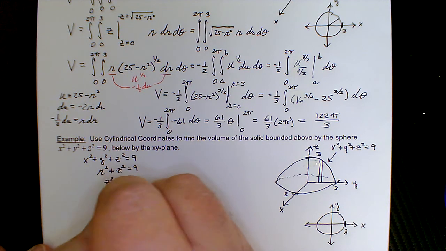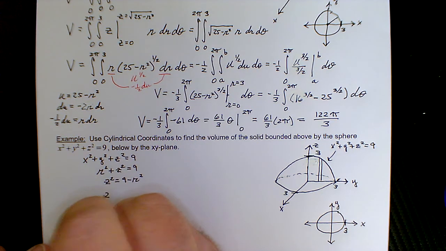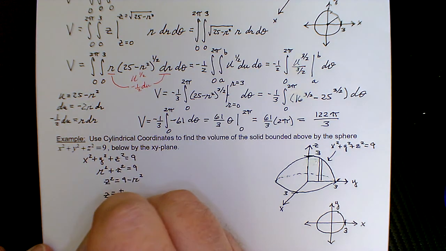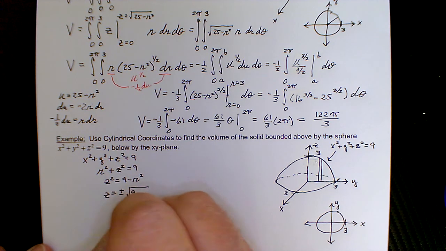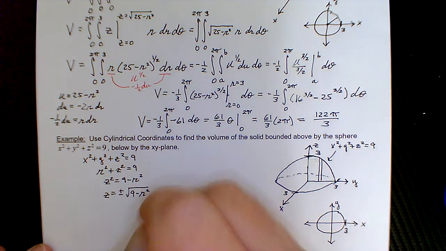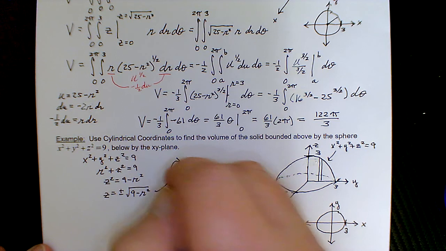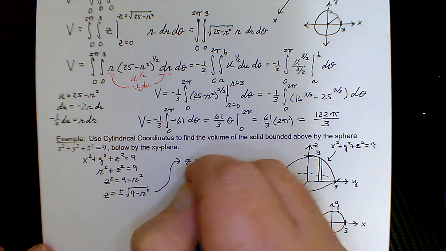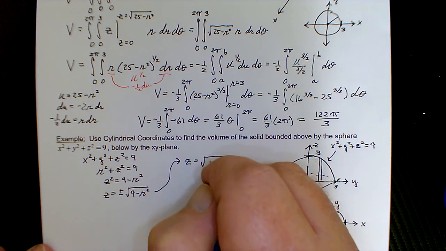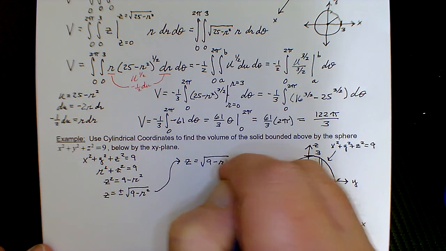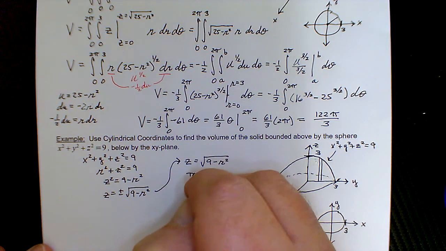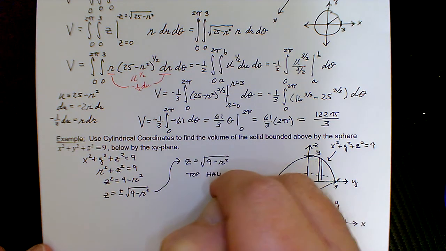So z squared is 9 minus r squared. Formally we should say plus or minus the square root of 9 minus r squared. But let me move up here and say that we're going to take z to be the positive square root of 9 minus r squared. And that's because we're looking for the top half.